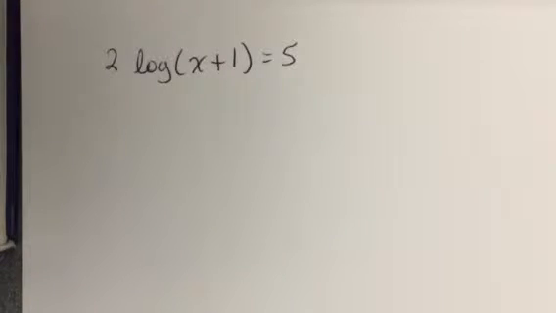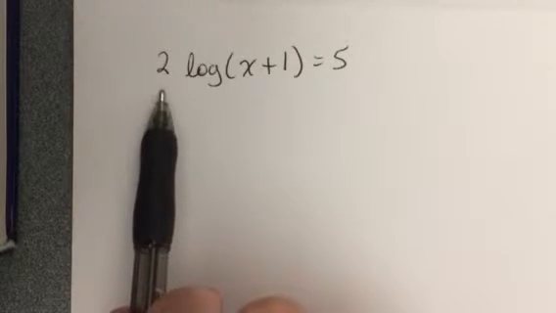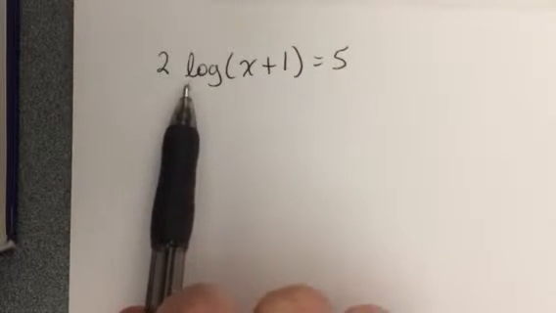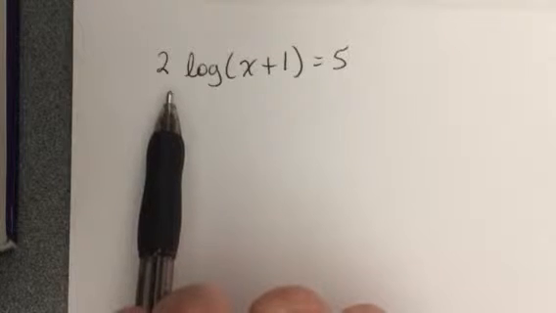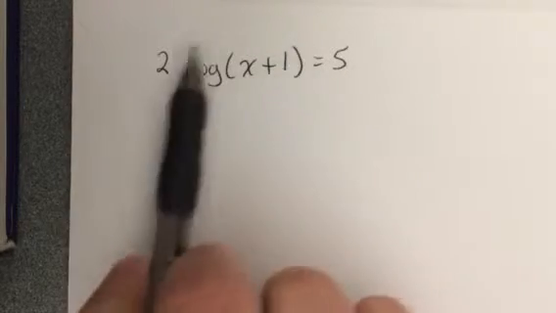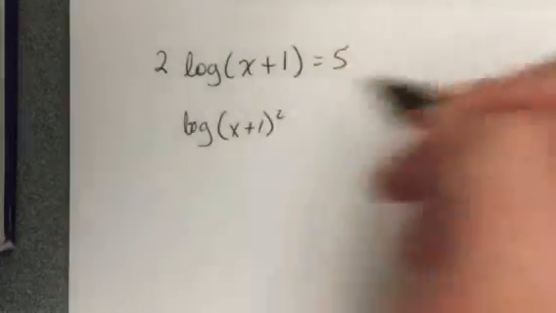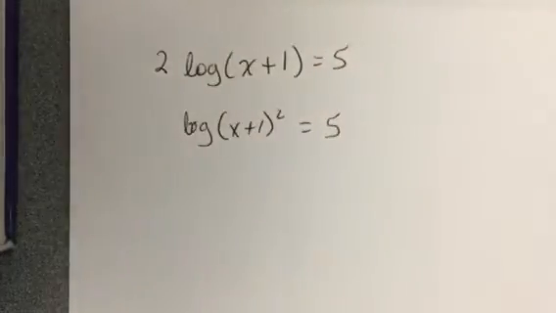This one's a little bit different. We have that 2 in front of the log. What we need to do is think about our logarithm properties. Remember, if you have a 2 out front, that means at one time it was an exponent. So we're going to convert it back to that exponent form. So I'm going to have the log of x plus 1 to the second power equals 5.